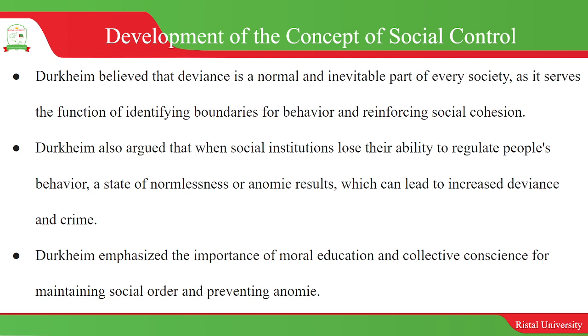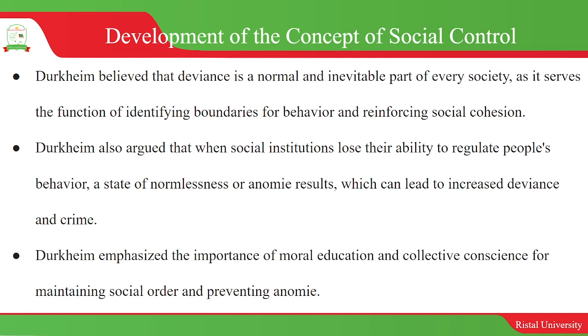So for him, he believed that people who will always be against societal norms and values will always be there, and it is inevitable. But they play an important role of identifying boundaries for behavior and reinforcing social cohesion.